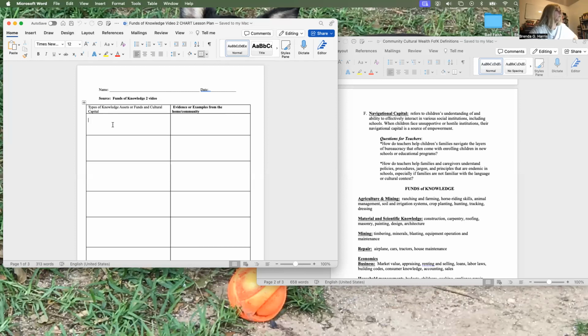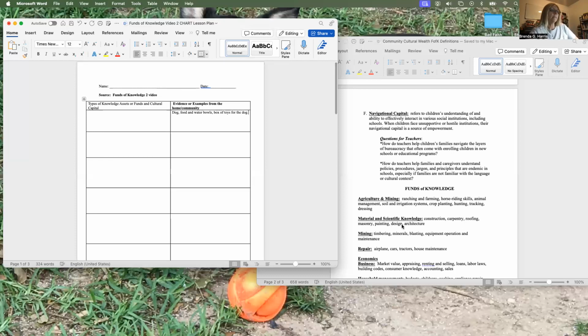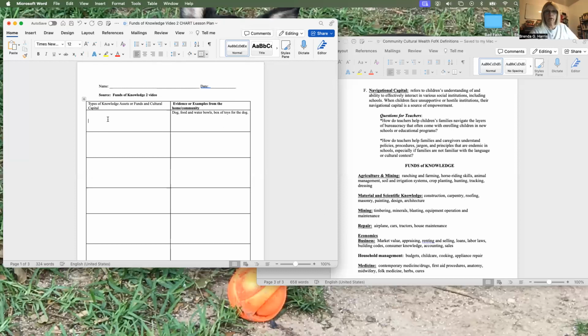So we're going to write this down: dog, food and water bowls, and a box of toys. What kind of knowledge would that be? That may be about animal care. Somebody knows about and values animals and pets. So, animal care.